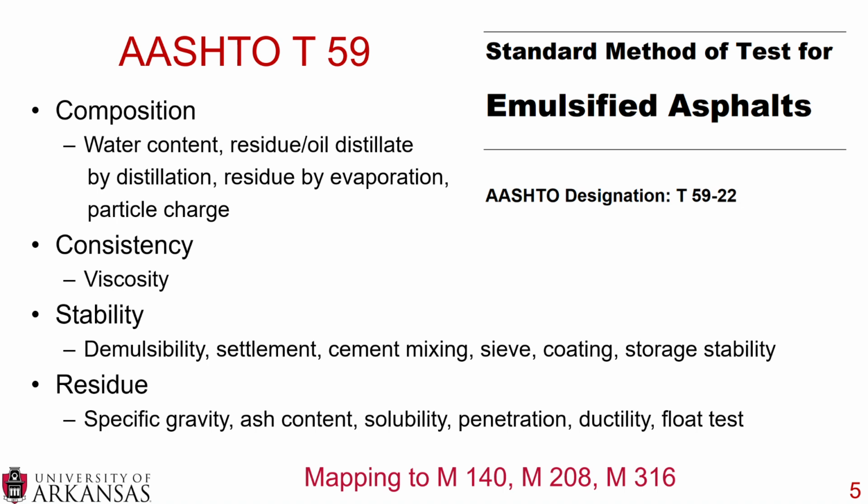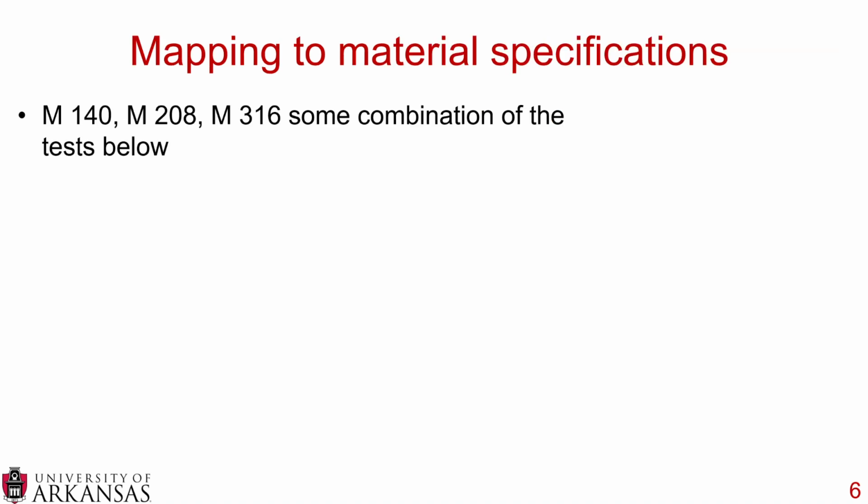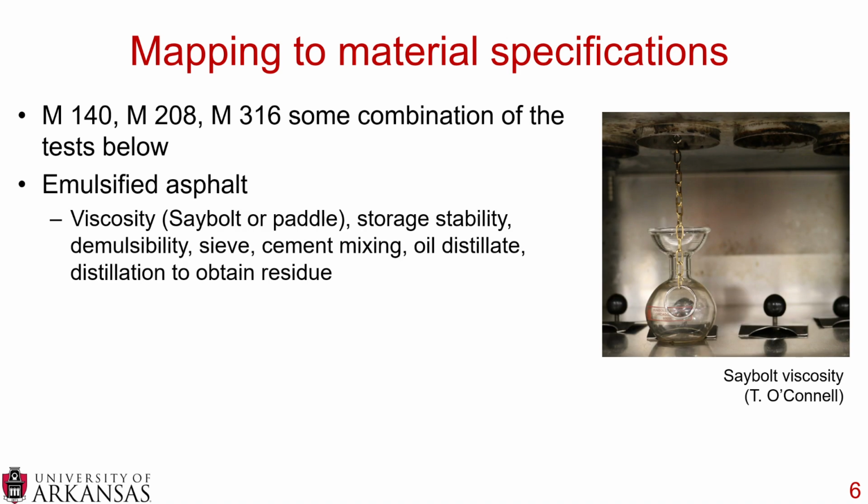And what we can do is we can map these tests to M140, M208, and M316. So if you take a look at those 3 specifications, they have some sort of combination of the tests below. So for emulsified asphalt, M140, M208, and M316 have some sort of combination of viscosity, whether it be Saybolt or paddle, storage stability, demulsibility, sieve, cement mixing, oil distillate, and distillation to obtain residue.